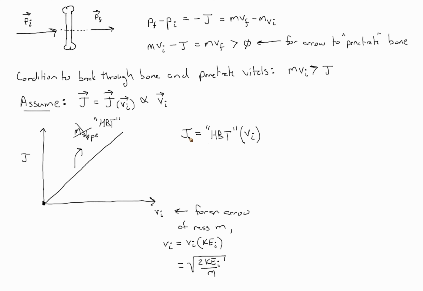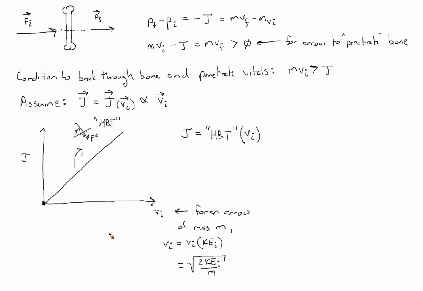Okay, so what this says is that the impact impulse is equal to some constant, which we're calling HBT, times the impact velocity. And as the impact velocity goes up, the impulse goes up with this proportionality constant, the HBT. So the next thing to recognize is that for an arrow, the initial velocity is a function of its kinetic energy.